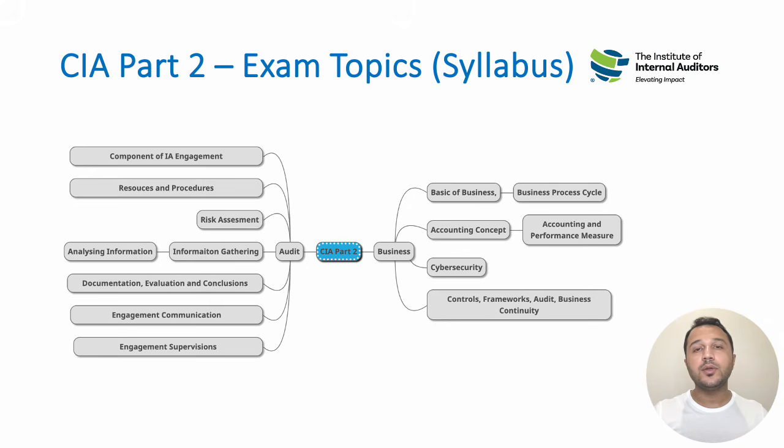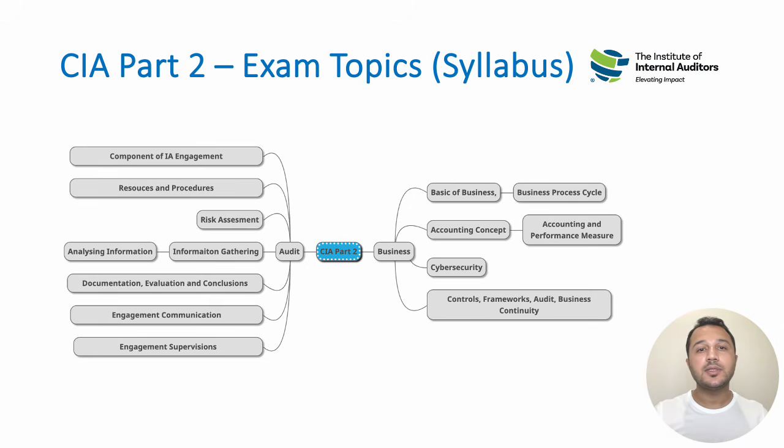So the overall syllabus, you can say, could be divided into two sections. The first one is about business, where the CIA resources try to give you some basic understanding of businesses, business areas, which are very fundamental to know, because unless you know the key business areas, you will not be able to perform audit procedures and carry out audits.